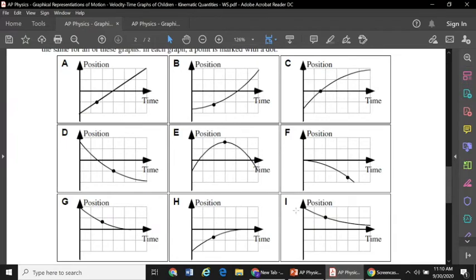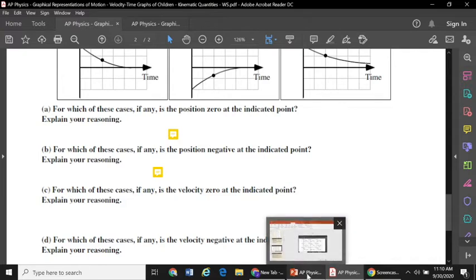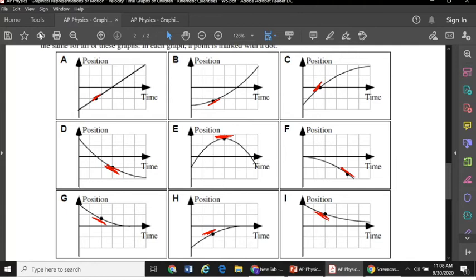The question for C says, for which of these cases is the velocity 0 at any indicated point? Now that we have all the tangent lines drawn, the question is, which of those tangent lines has a slope which is equal to 0? The slope of a line is 0 when the line is horizontal.